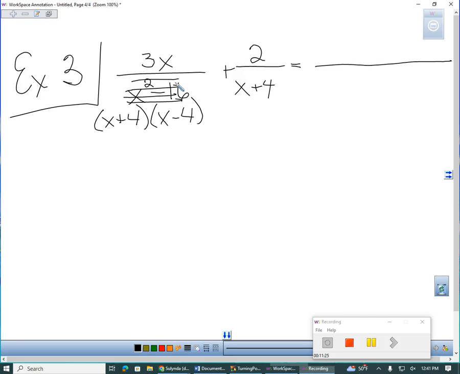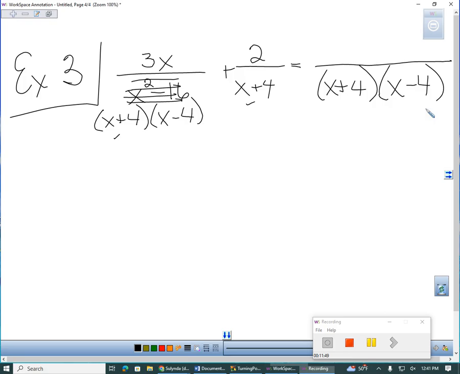So now, underneath both fractions, the factor that's in common is x plus 4. I'm going to write that over here. Right? So technically I have, so far, this one and this one. Now I have to write down the factor that isn't in common. That's x minus 4. So my common denominator is both of those factors together. We're okay with that?